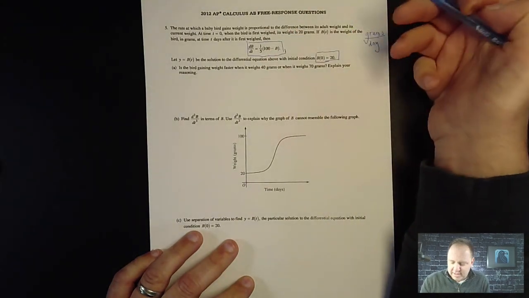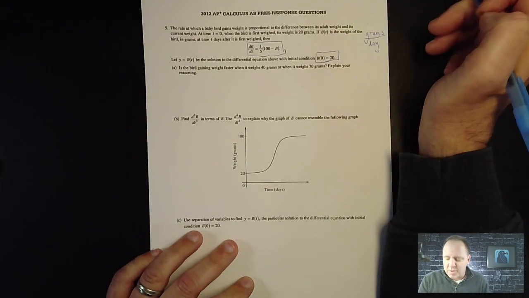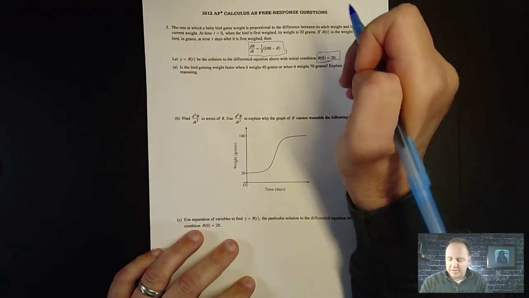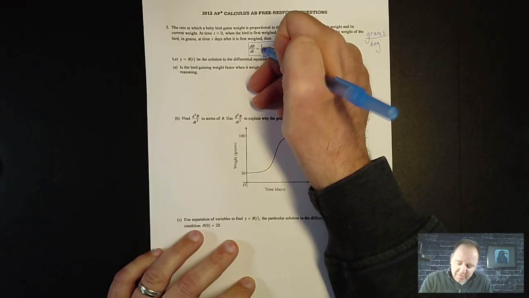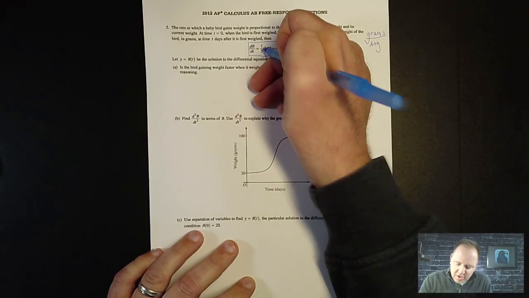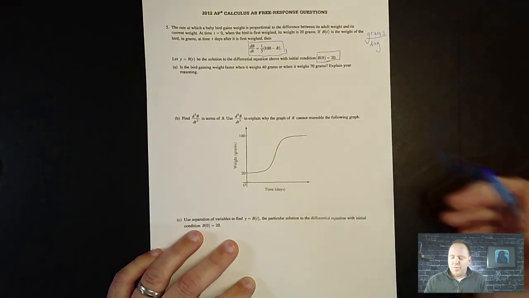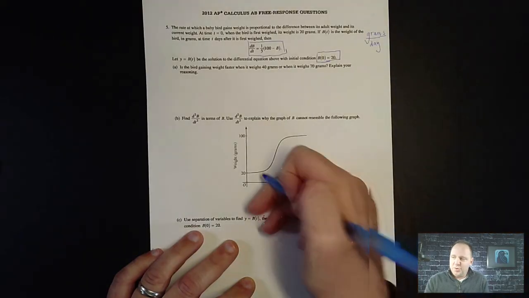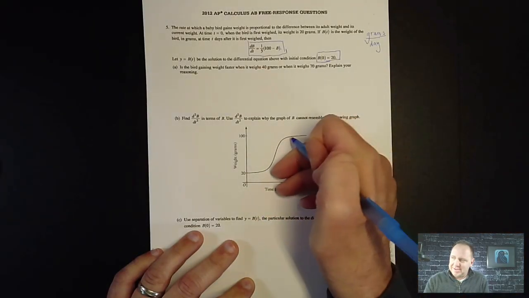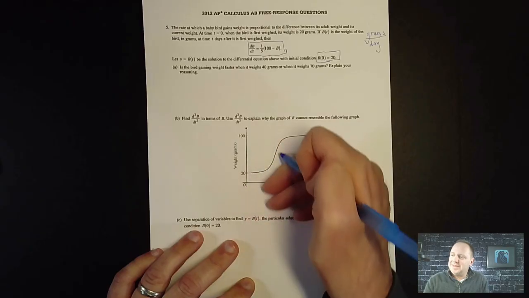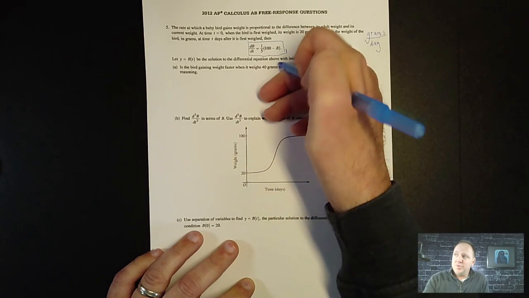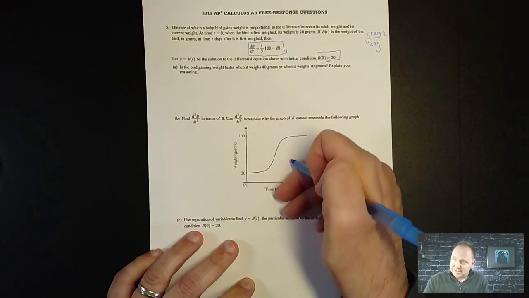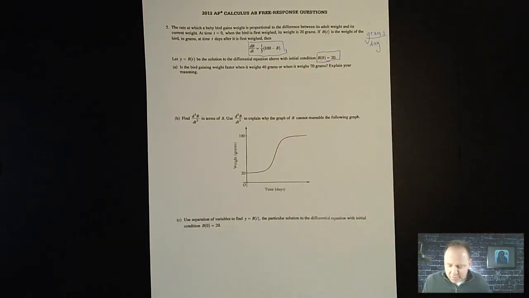That's kind of like a carrying capacity in a logistic model, but this isn't a logistic model, and those of you doing the BC also know that, because there would have to be a 1/5 times B here, and then multiply by the 100 minus B. But if you look at the graph that they're asking you to do something with in part B, this is a logistic model. So this isn't, though. And you're going to actually prove why from this. It can't look like this.